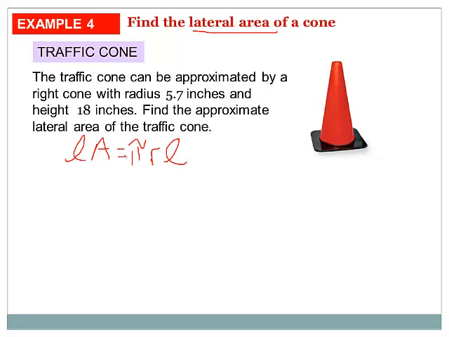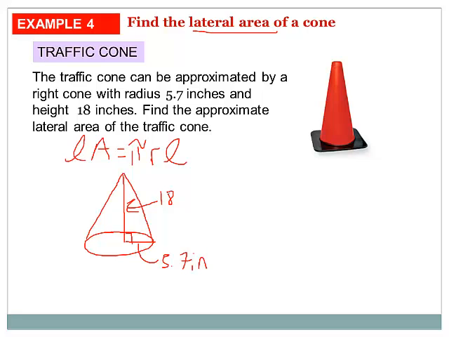So it says the traffic cone can be approximated by a right cone. Just because I like looking at something a little more exact, here's a right cone, which means that if you drop a height from the vertex, it creates a right angle. It's perpendicular. We know the radius is 5.7 inches, and we know the height here is 18 inches.